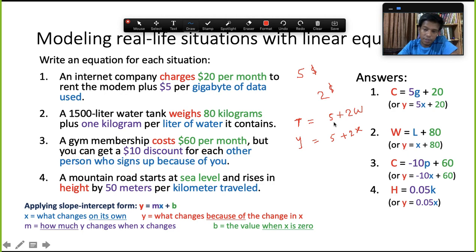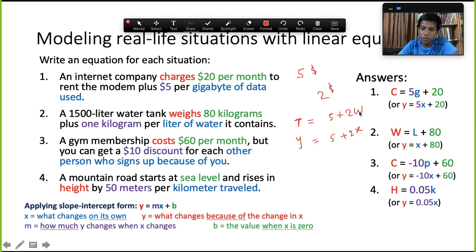And how are these models important? Suppose I ask you, after 10 weeks, in the same way, you have $5 now, and your mother is giving you $2 every week from now on. After 10 weeks, how much money will you have in total?